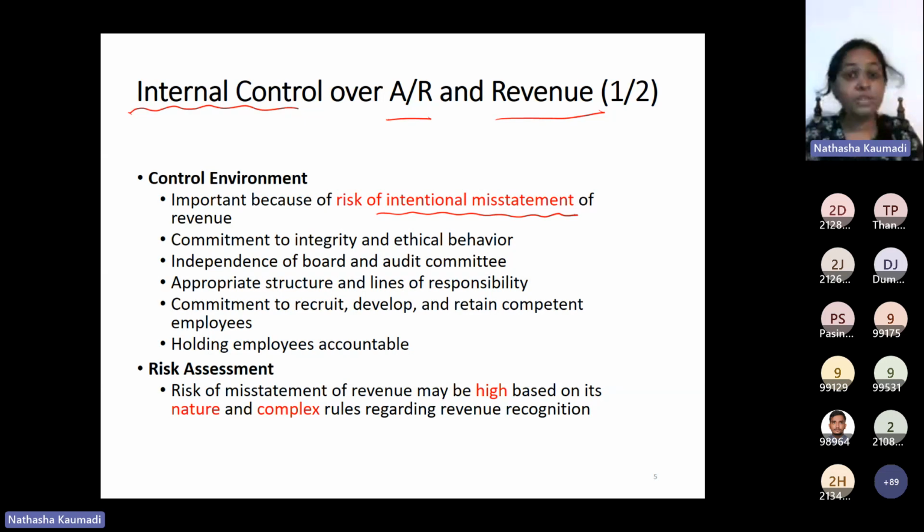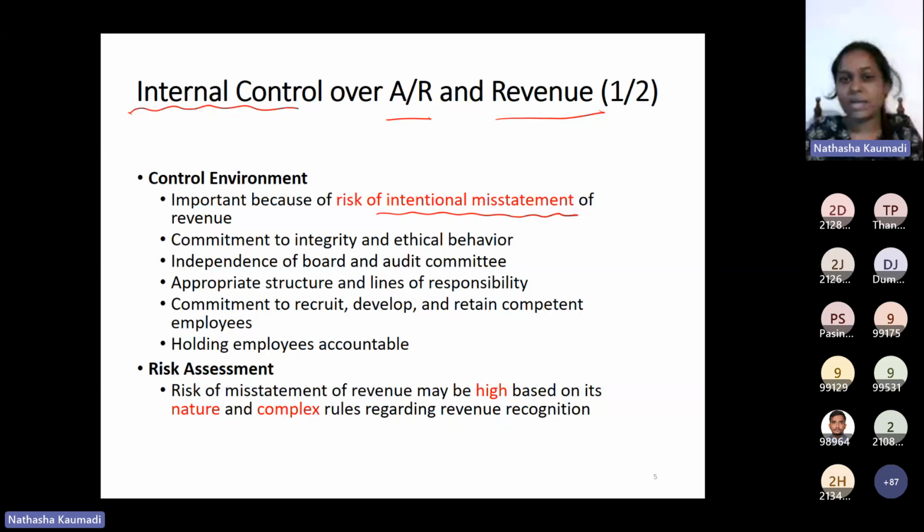If there's a culture to adhere to all these controls, employees won't do it. I'm not saying 100%, but to a good extent, they won't commit frauds related to manipulating revenue and receivables if there's a good control environment.